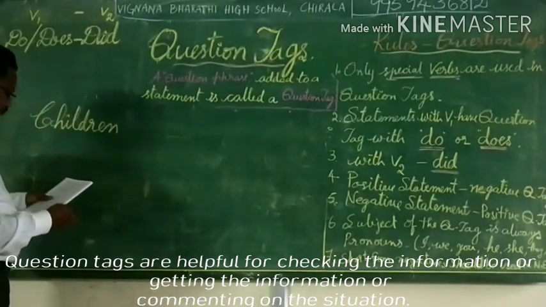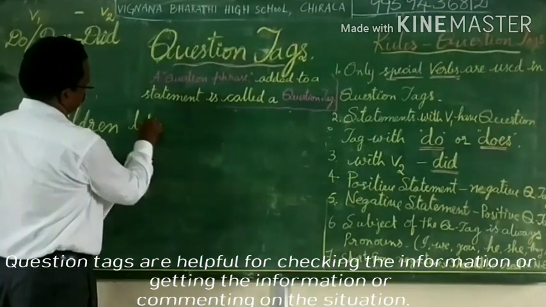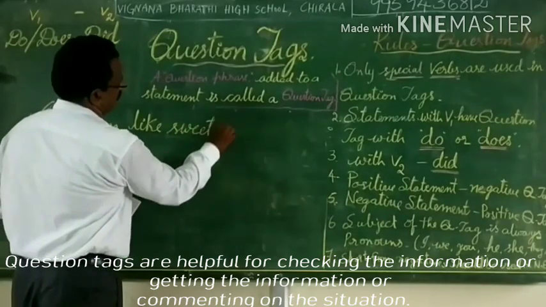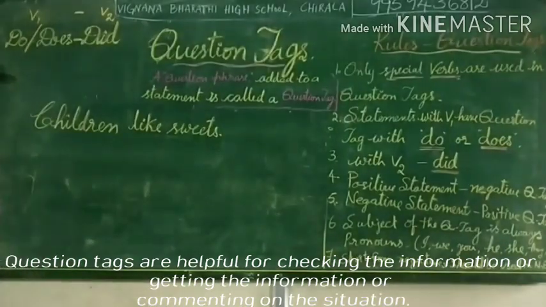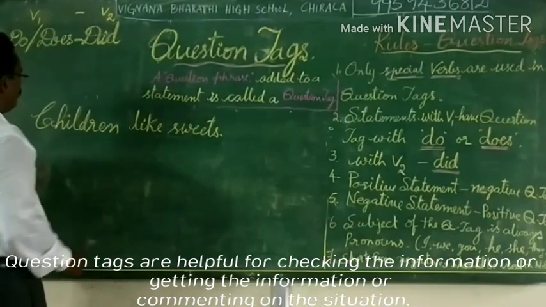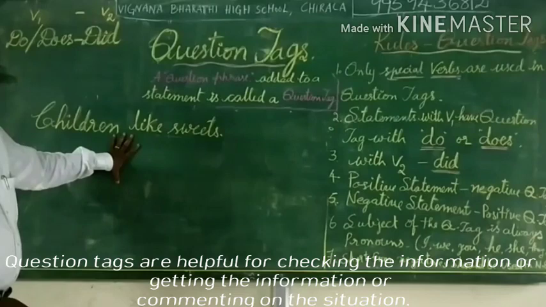Children like sweets. In this sentence, first of all, we need to find the verb part.